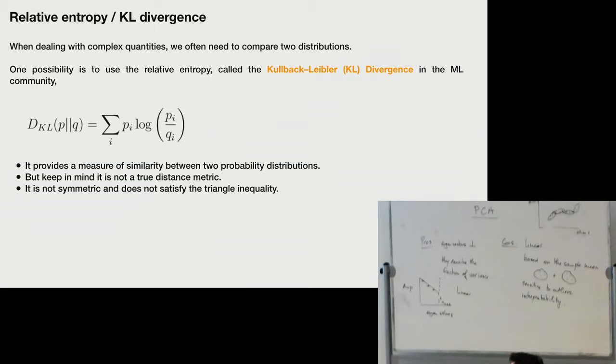If I just want to compute the distance between 2 points, this is easy. There's only one answer. But now if I have distributions, vectors in n dimensions, computing the distance between 2 of them, P and Q, is not as straightforward, and there are different answers to the question.